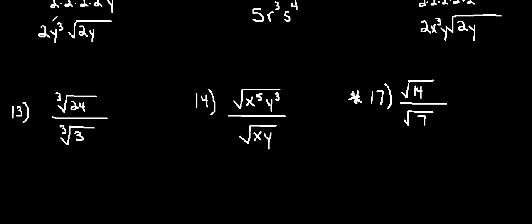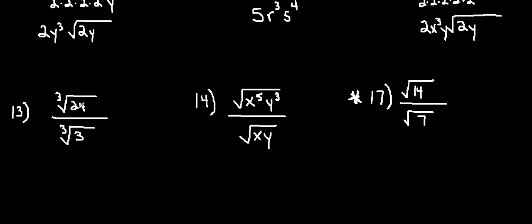Okay, how about this one? Now when we get to here, I've got the indexes that are the same. So when we multiply, we can multiply them across like we did at the start of this section. Same with division, provided my indexes are the same.